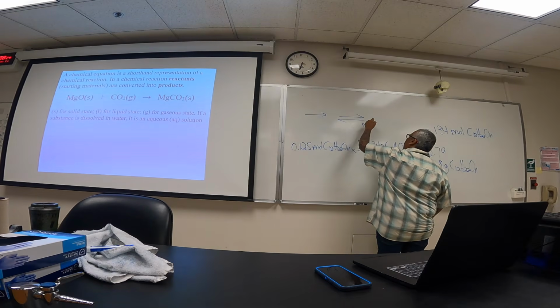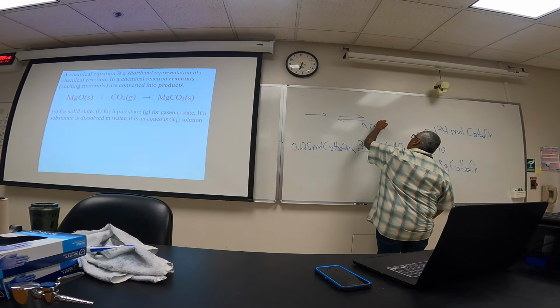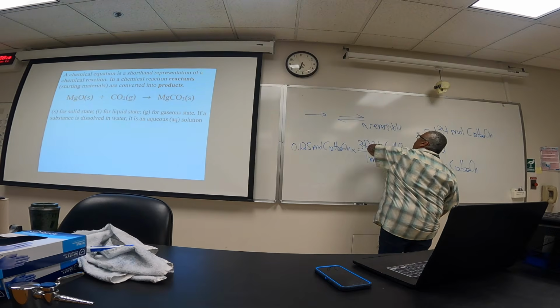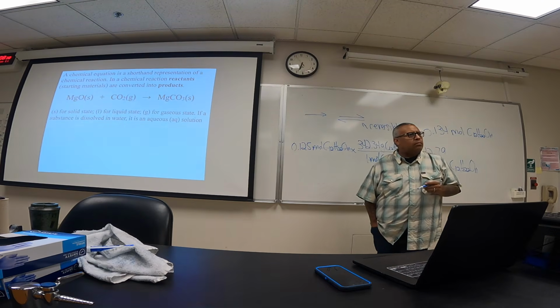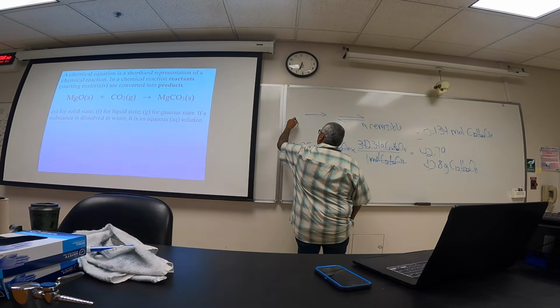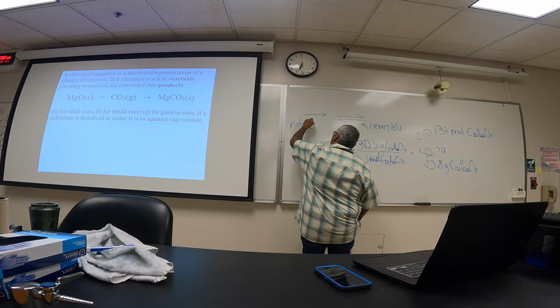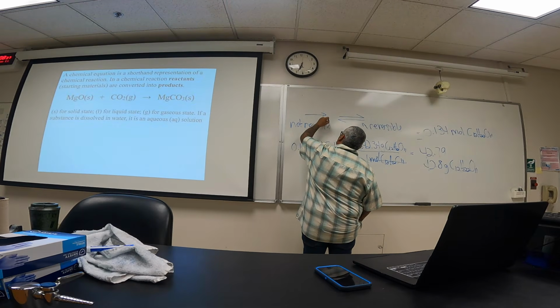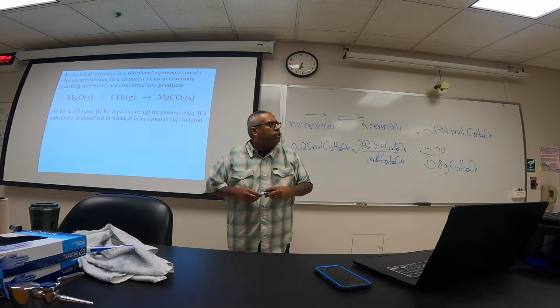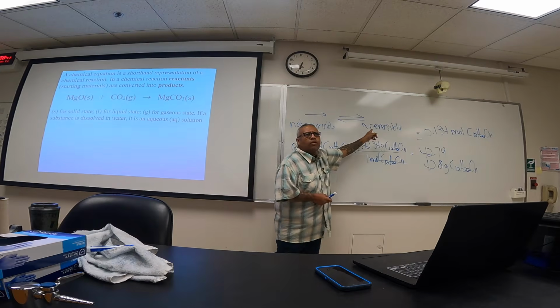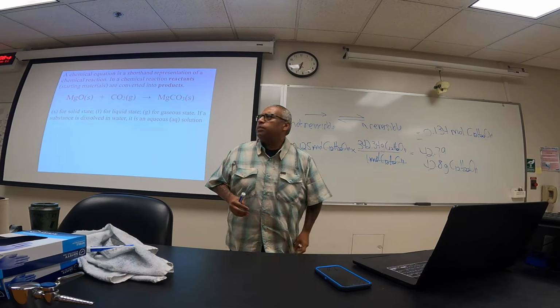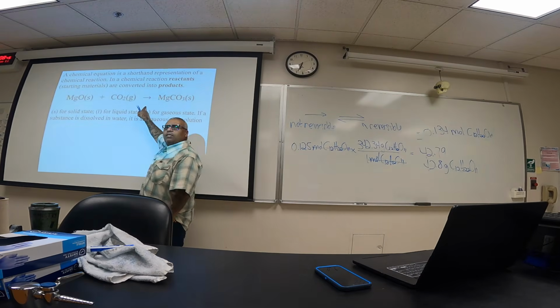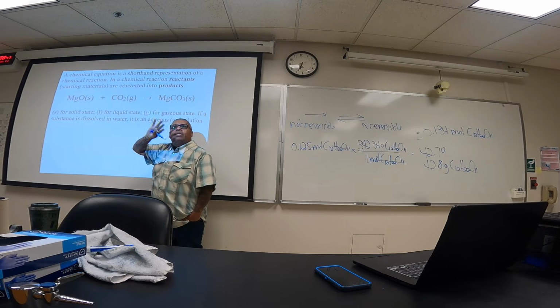This represents a reversible reaction. This is not reversible. So irreversible, reversible reactions depending on the reaction we see. So here, this reaction is not reversible. It's going to go in one direction and that's it.